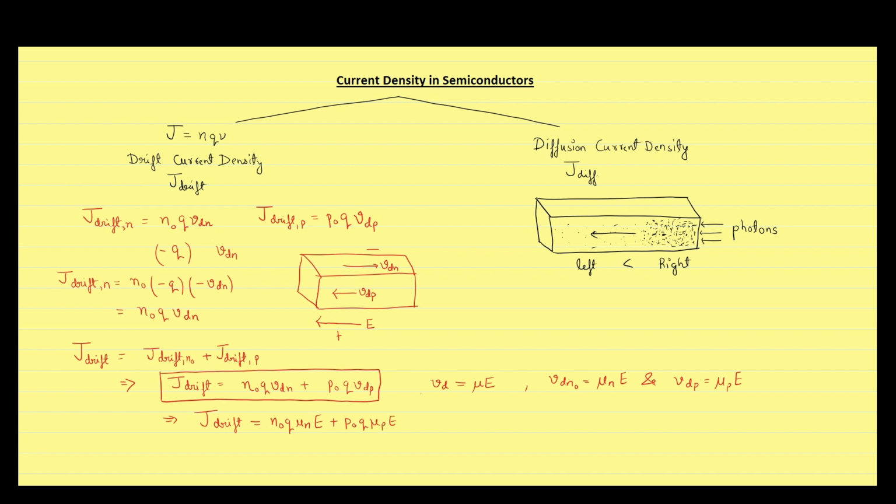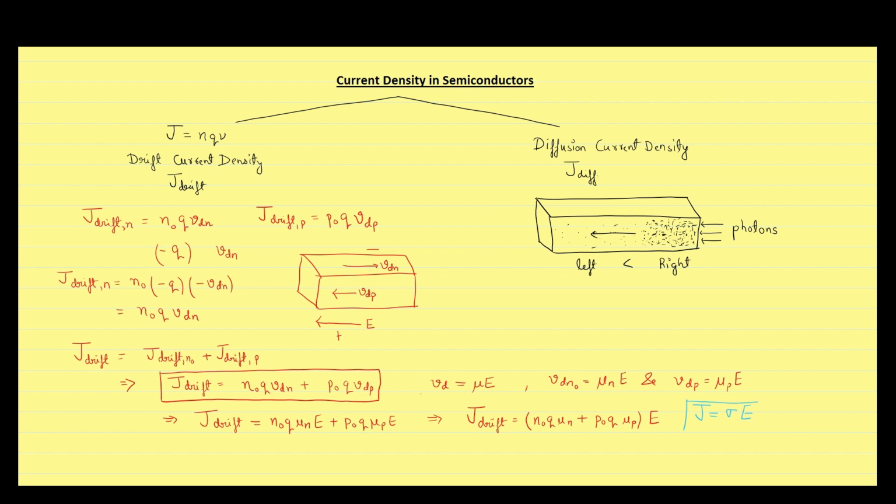Now we will separate the electric field component from the two terms. If you remember, in earlier classes you might have already studied that we have a formula: current density is equal to conductivity, which is denoted by sigma, multiplied by electric field.